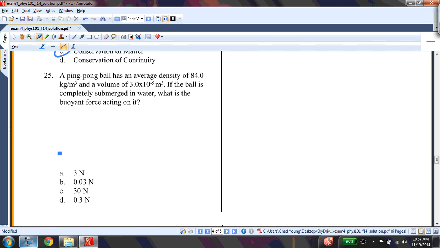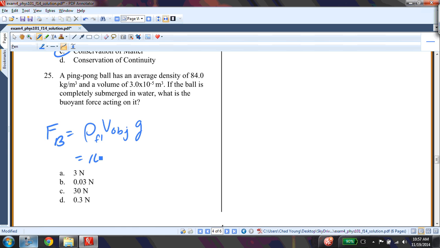Ping pong ball has the average density and a volume of that. If the ball is completely submerged in water, what is the buoyant force? Okay, just plugging in numbers here, though you've got to be careful because I give the density of the ping pong ball, but that's irrelevant. This is the density of the fluid times the volume of the object times g.